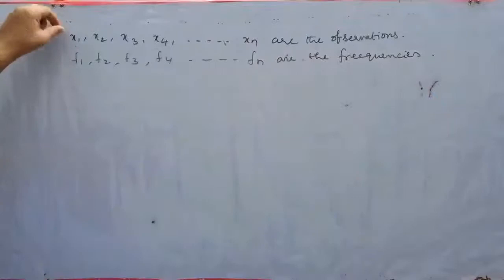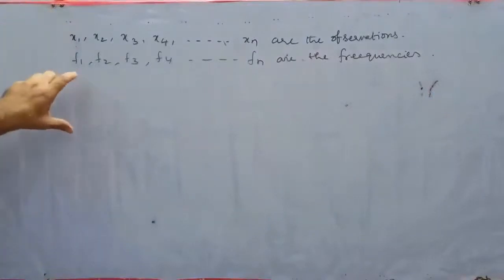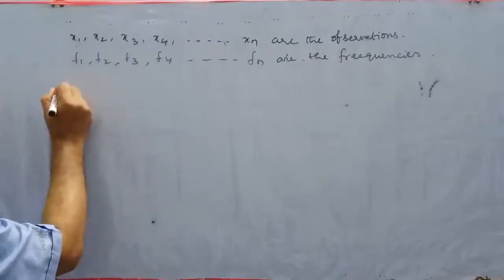When the observations occur with frequencies, how do we find the average or arithmetic mean? The arithmetic mean is x bar.